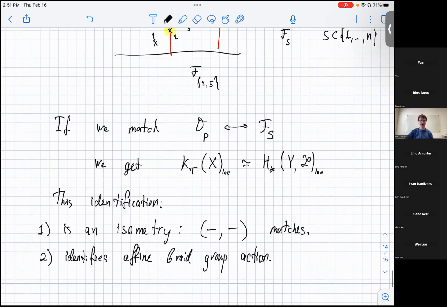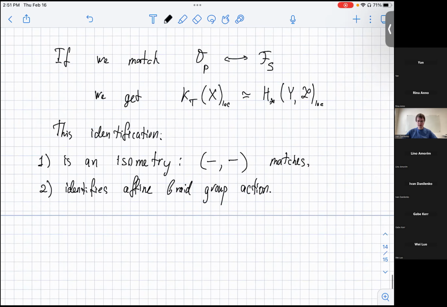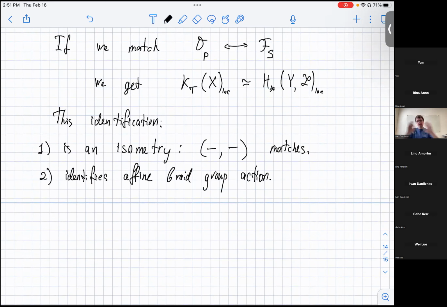On the level of K-theory, it's very clear what it is. Okay, so we match these, and we see that some important shadows of the categorical structures match. The shadow of Hom, the pairing, matches, and derived autoequivalences also match.